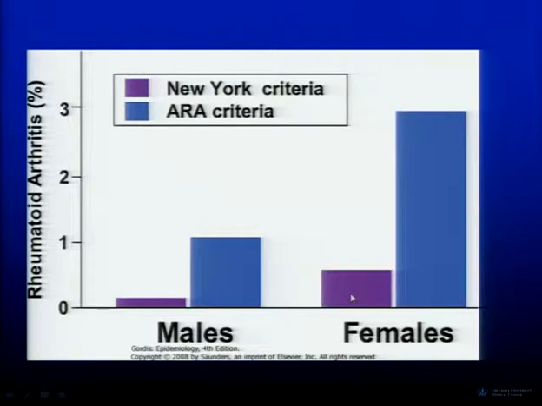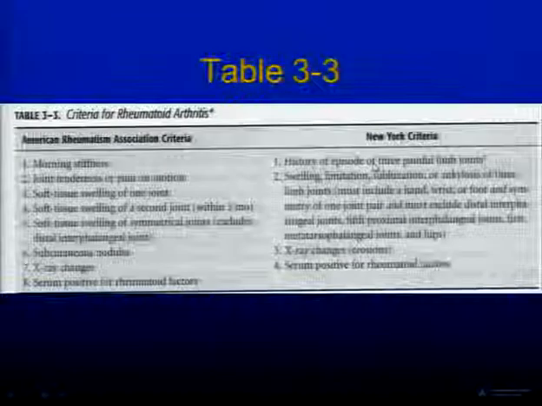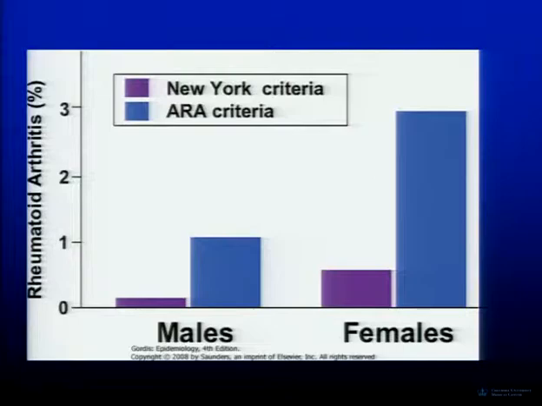Whereas with the American Rheumatism Association, you can see that you have a much greater group. And in part, that is because of the serum positive for rheumatoid factor, which you don't need to have here, but you do need to have in the New York criteria where all 4 must be met. So again, different criteria used to diagnose can lead to different rates of disease in your population.